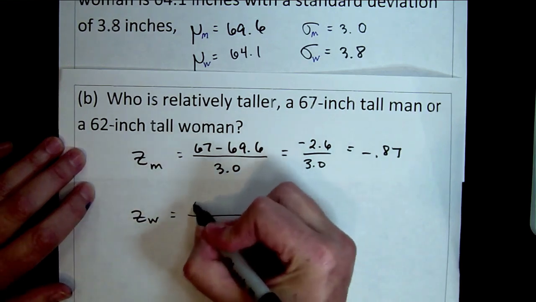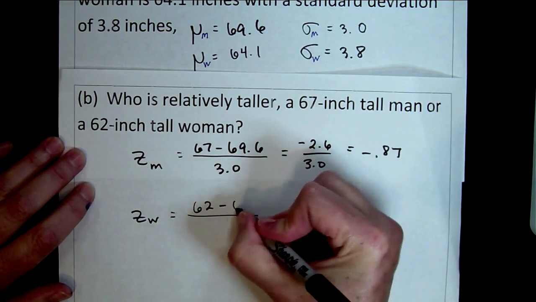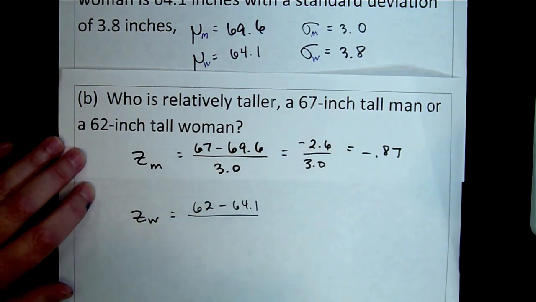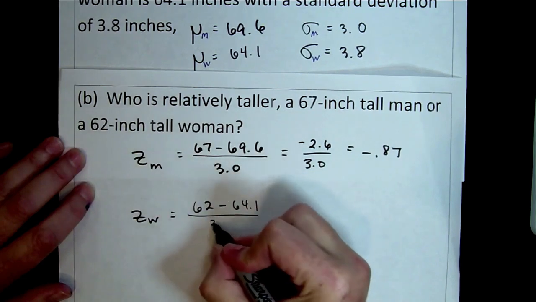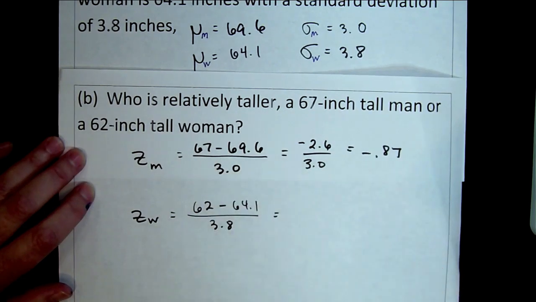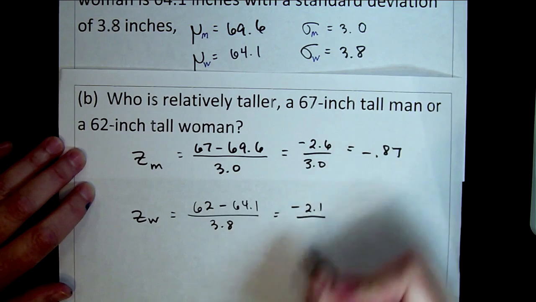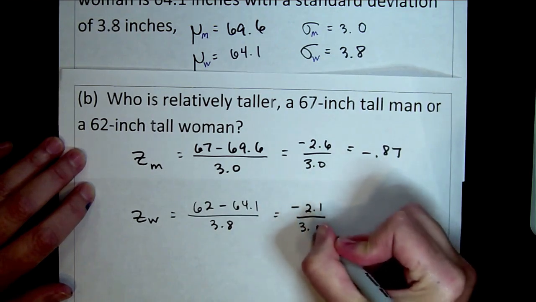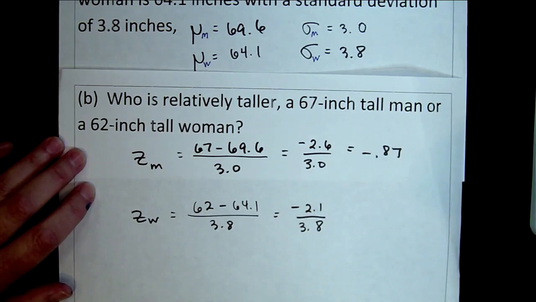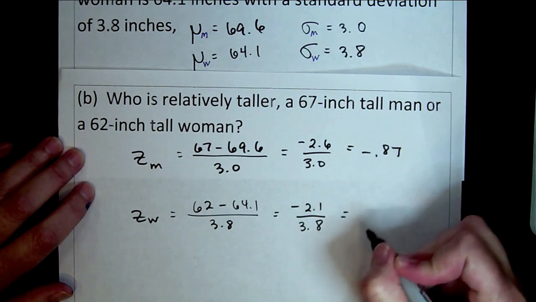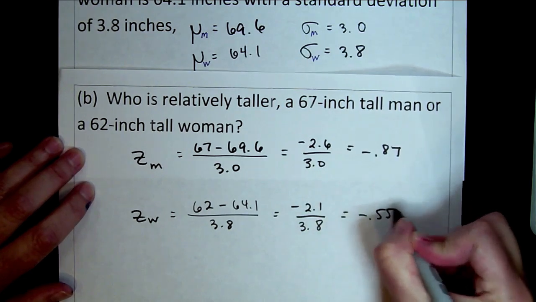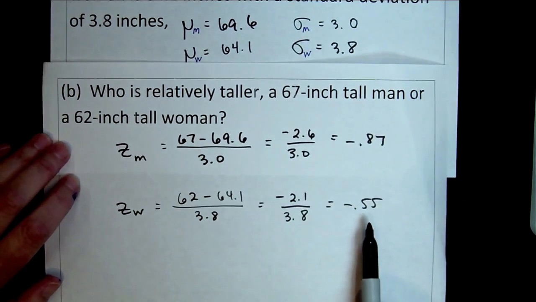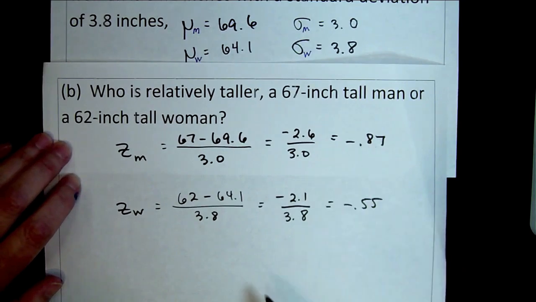For the 62-inch woman: 62 minus the mean height for women in their 20s, which is 64.1, divided by the standard deviation of 3.8. She is 2.1 inches below average, but we need a true comparison, so we divide by the standard deviation to take into account how spread out women's heights are, and we get negative 0.55. So in terms of number of standard deviations, she is not as far below average as he is.